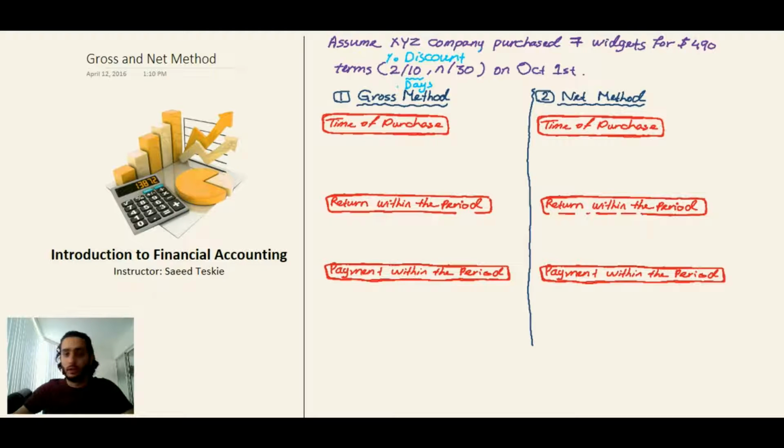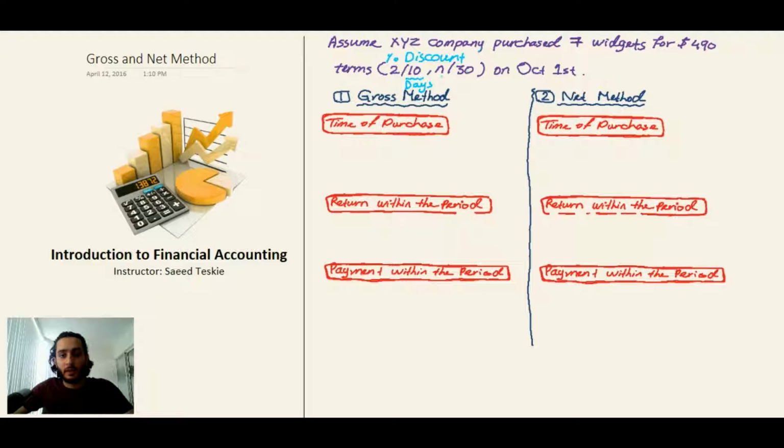So for example, we have done the purchase on October the 1st. If we came and made the payment on the 5th, we'll get 2% discount out of the $4.90.